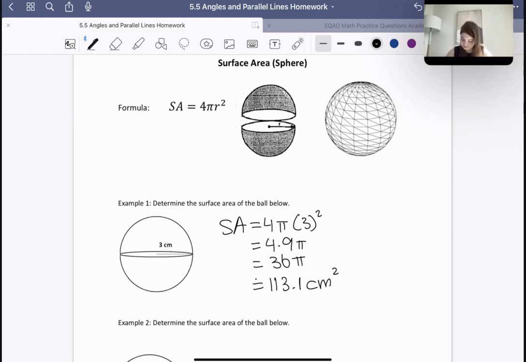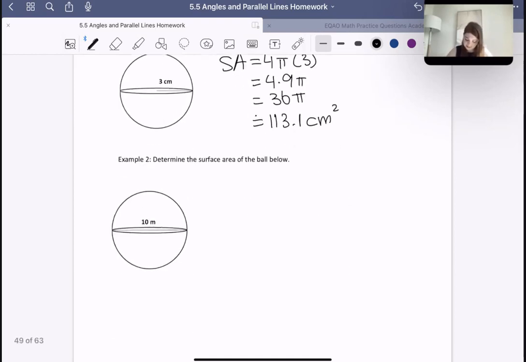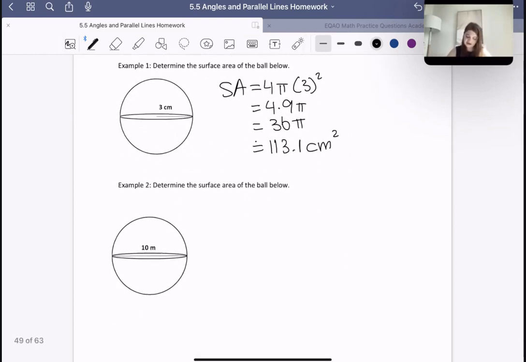Okay. Now let's move on to example 2. So example 2, we have a diameter of 10 meters, right? So the radius is the diameter divided by 2, which is the same as 10 divided by 2, or 5 meters, right? Awesome. And then our surface area is going to be 4 pi r squared, right? With r being 5, since our diameter is 10, our radius is 5.